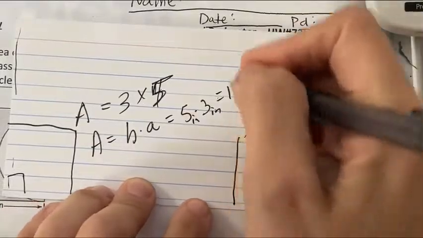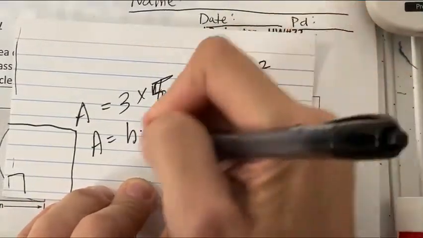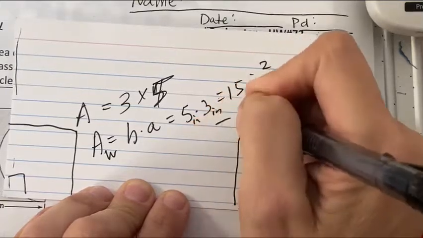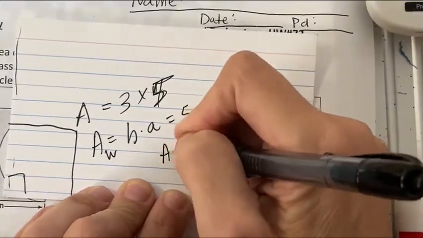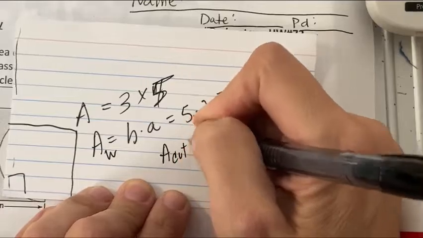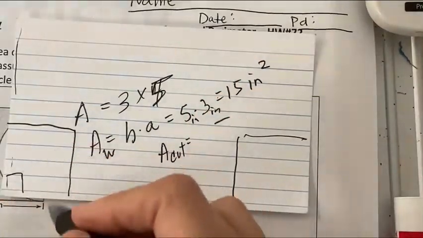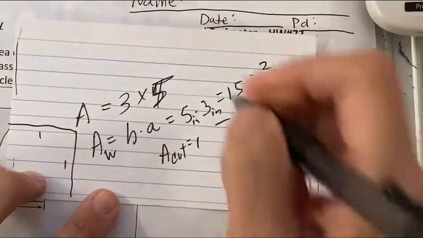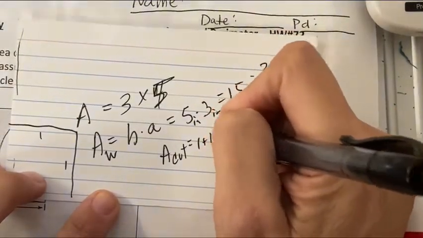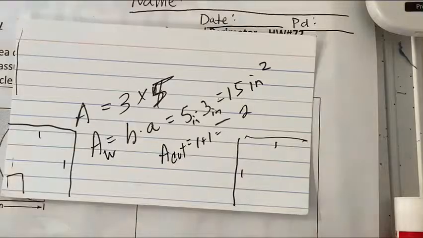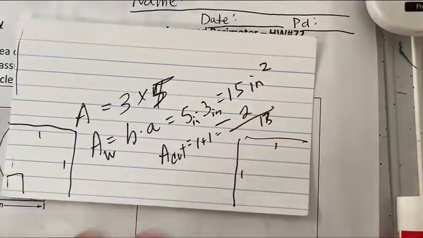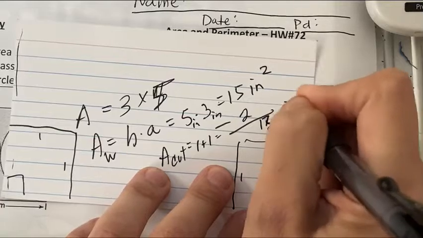Then the area would be the area of the whole thing minus the area of what we cut off. What is the area of what we're going to cut? We're going to cut off 2 1x1 squares. So that would leave whatever I have left, 13 inches squared.